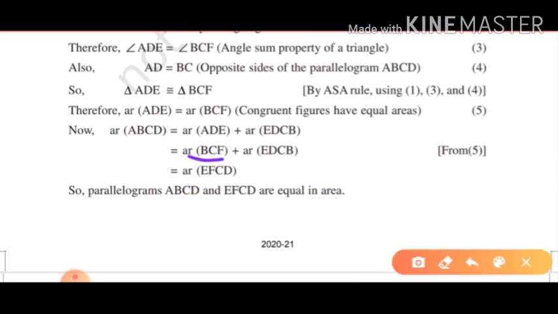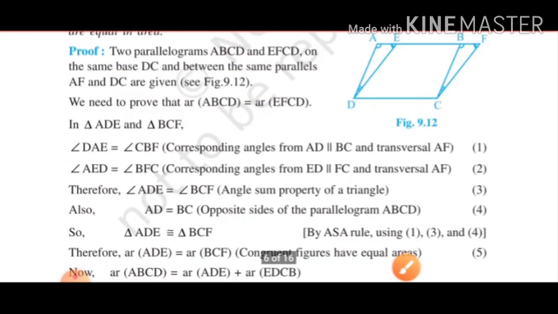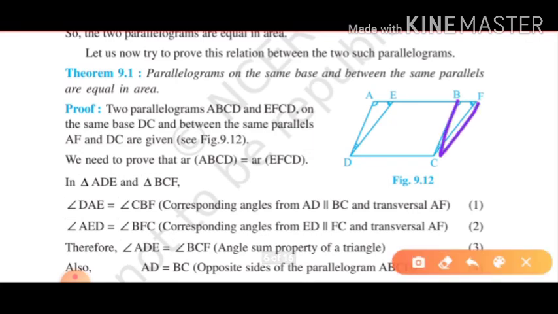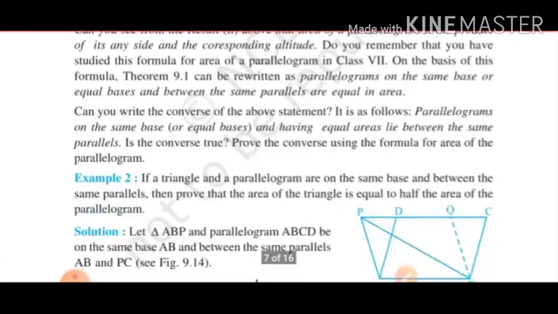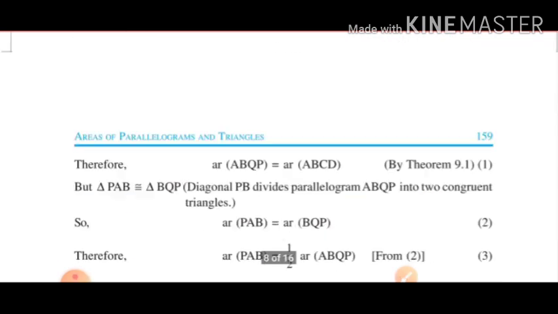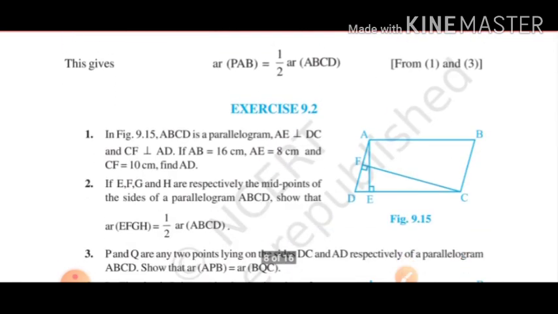If we add BCF and EDCB, we get the entire parallelogram. So this is the way we have to prove this, and then we'll head on to the exercise. All the questions will be based on this theorem. Please go through the video and then we'll head on to the exercise. Thank you.